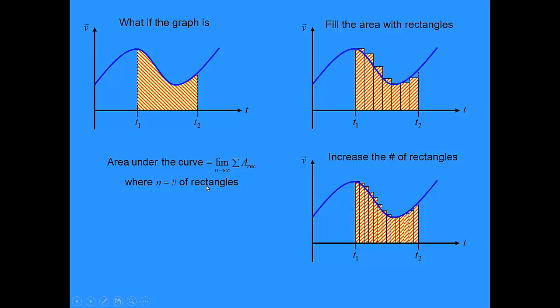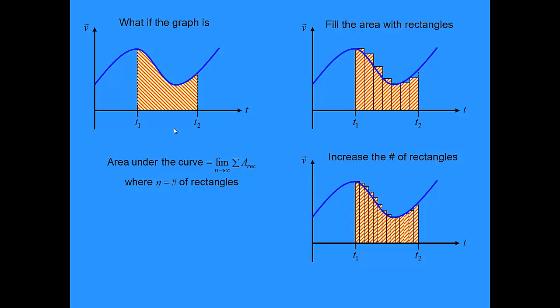And here is the number of rectangles. So the actual area under the curvy curve we have here, mathematically speaking, would be to take the limit of the sum of the area of the rectangles as we increase the number of rectangles to infinity.